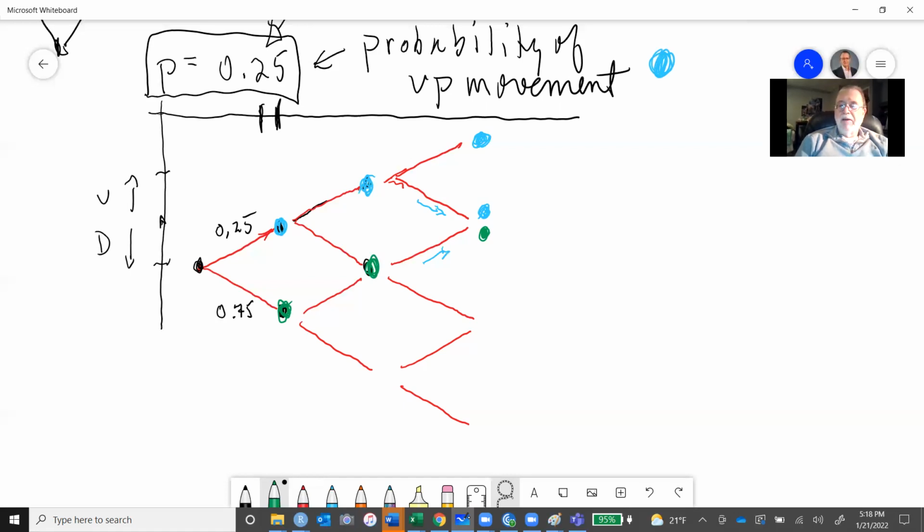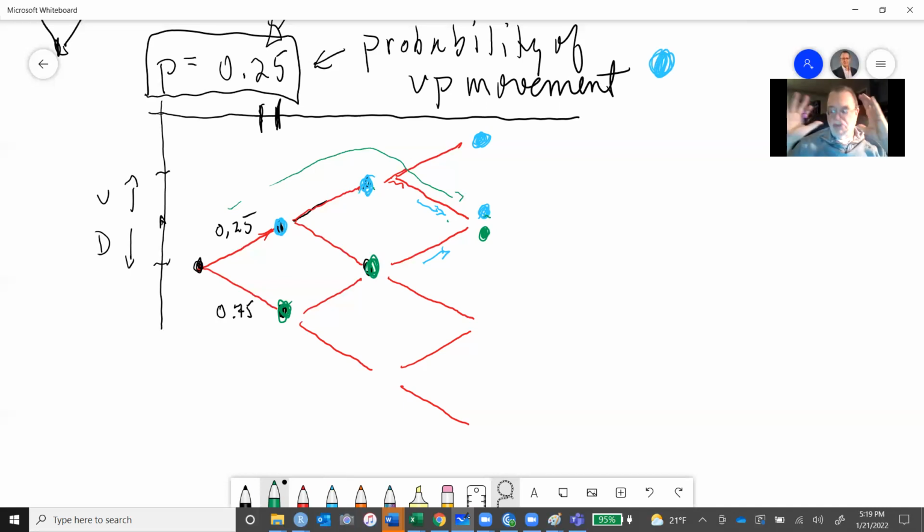Okay. But if we take this path, it's going to be blue, blue, and green, because we're defining a down movement as green. Any down movement. We start here and go down, it's going to end up green. But if we start here where we had green and go up, it's going to end up blue.